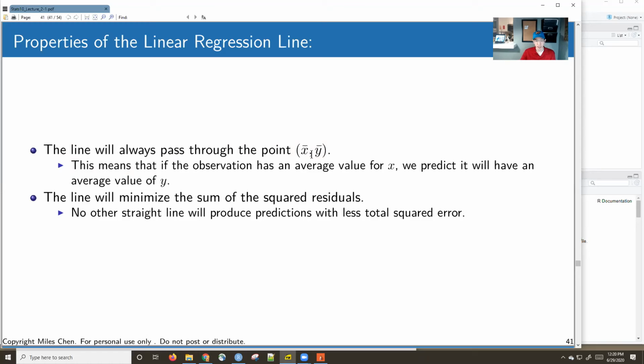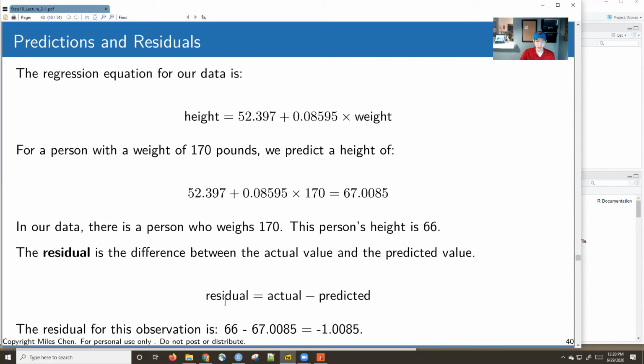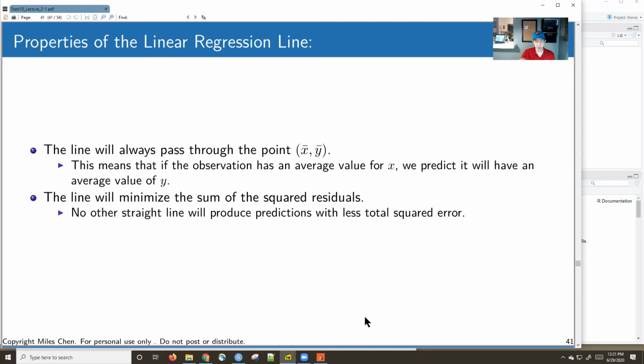Okay? And then the other property of the linear regression line is that it will minimize the sum of the squared residuals. Here we talked about the residuals being the actual minus the predicted. You can also think of the residual as the vertical distance from the line.